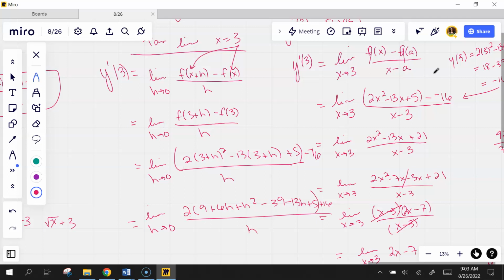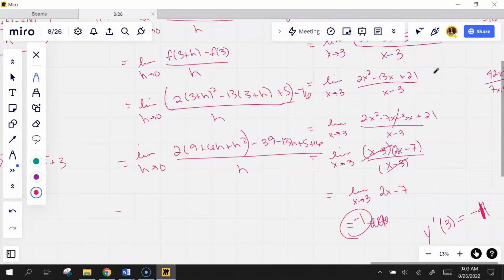Nope, I need to close this off. This 2 is just going here. Gross. H goes to 0. I've got 18 plus 12h plus 2h squared. 21, -39. That should cancel with the 18.